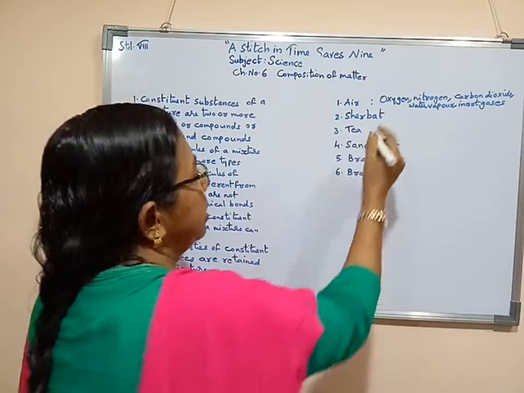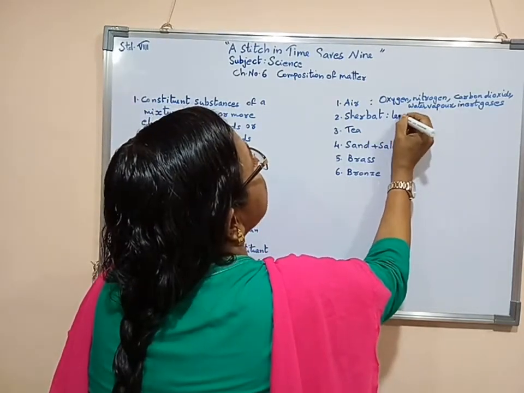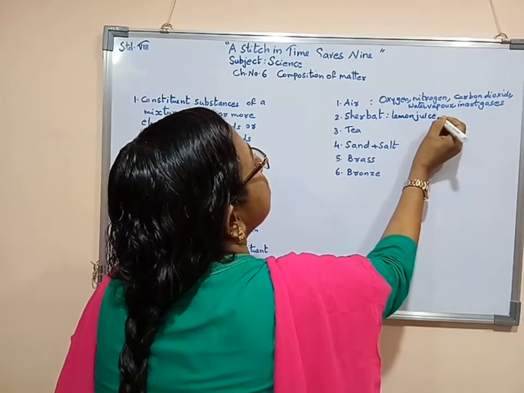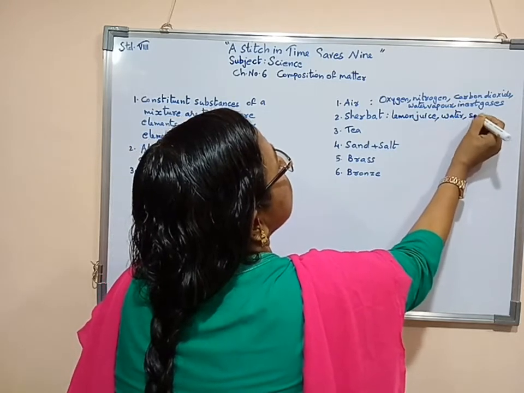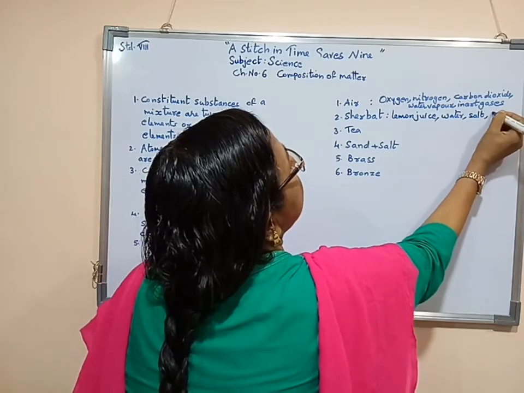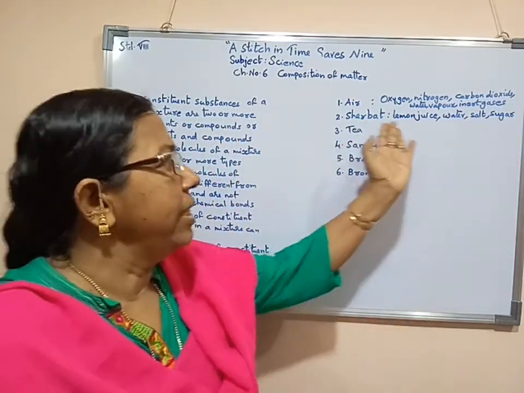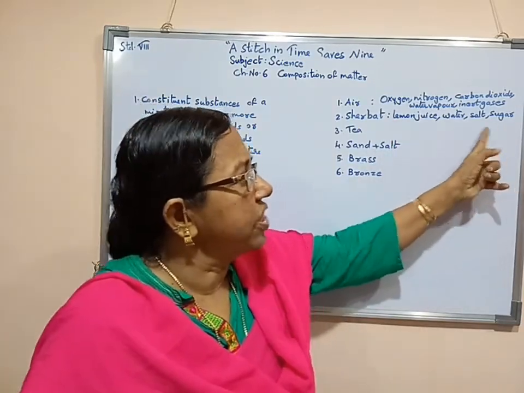Next one, sharbat. Sharbat is made with the help of lemon juice, water, salt, then sugar. Now sharbat contains different constituents.